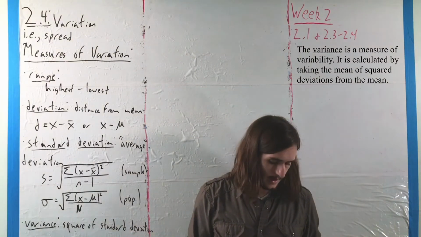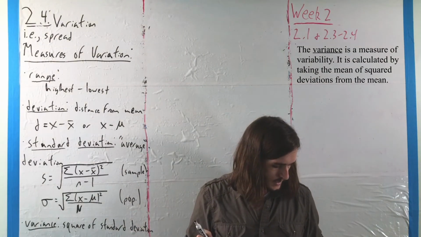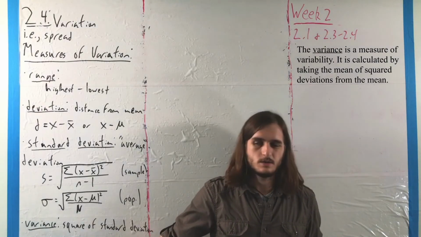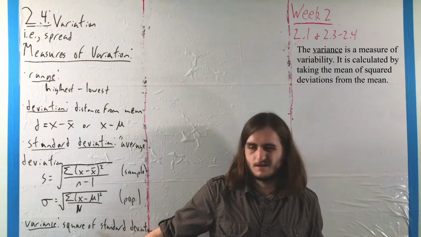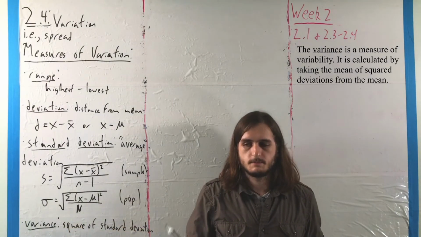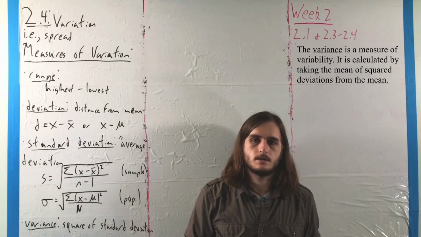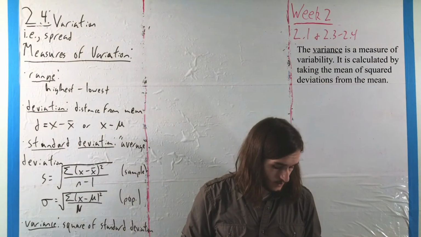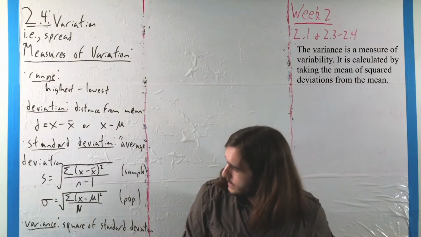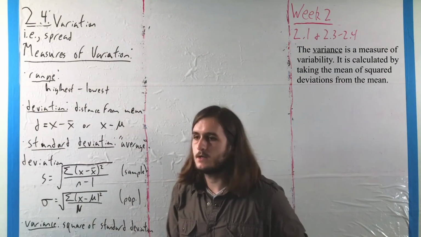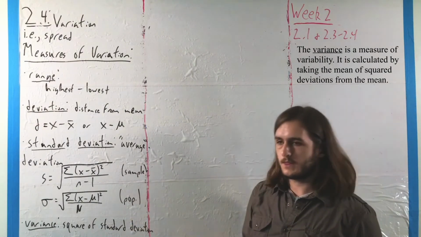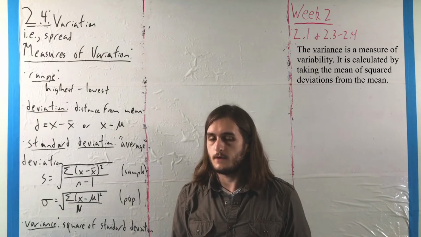But an interesting thing happens with all of these squares and square roots: the variance is a measurement of squared units, whereas the standard deviation looks at things in terms of the unit that we're originally talking about. So really, when we're talking about these measures of variation, number one with a bullet is the standard deviation.